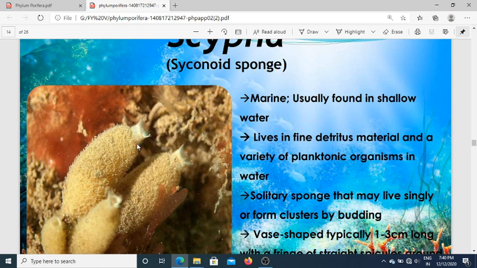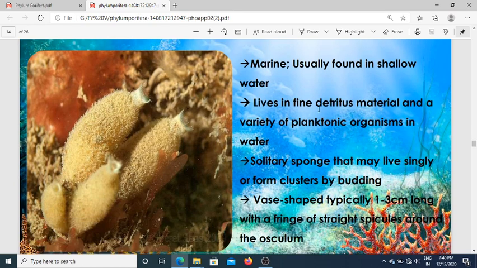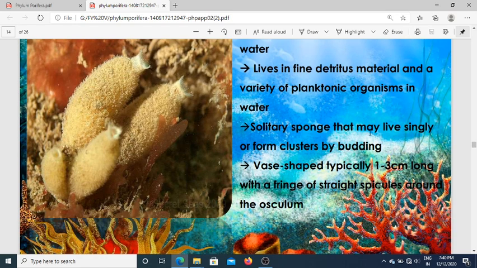The syconoid sponge Scypha is marine, usually found in shallow water, and lives on fine detritus material and a variety of planktonic organisms in the water. It is a solitary sponge that may live singly or form clusters by budding. Vase shaped, typically 1 to 3 cm long, with a fringe of straight spicules around the osculum.